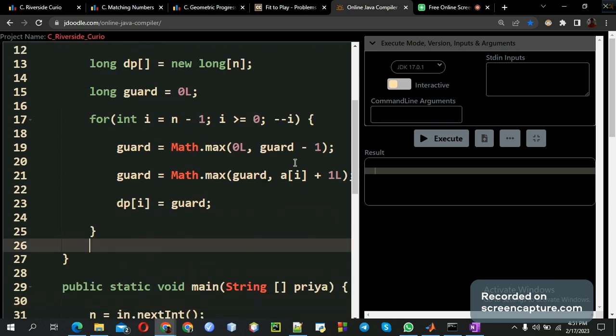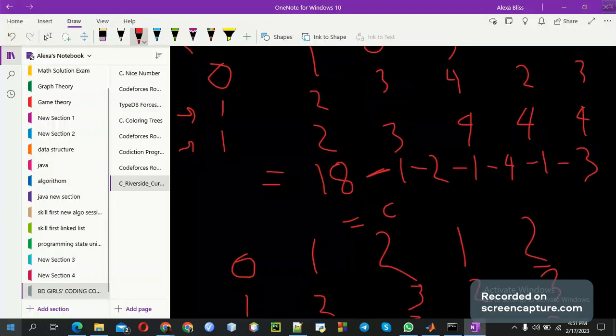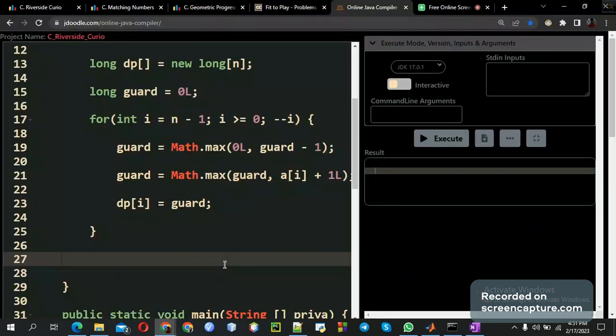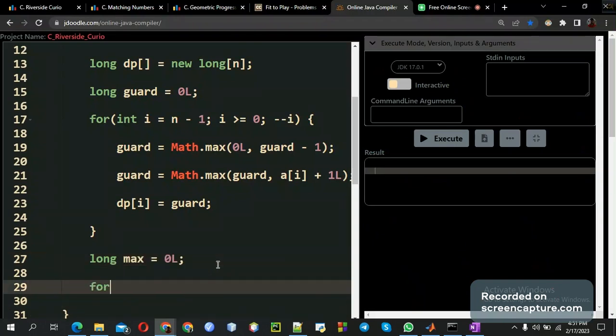Now what we can get, we get this array, but we need to make this array into this array. So we have to count the maximum number of guards at each level. Max is equal to 0.